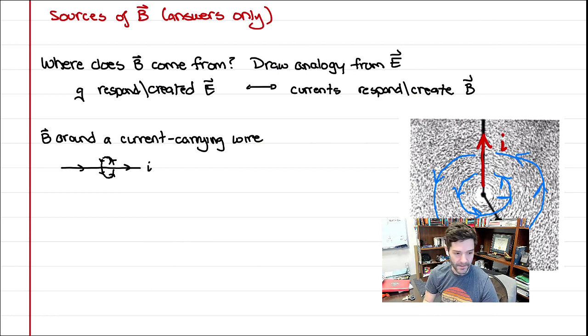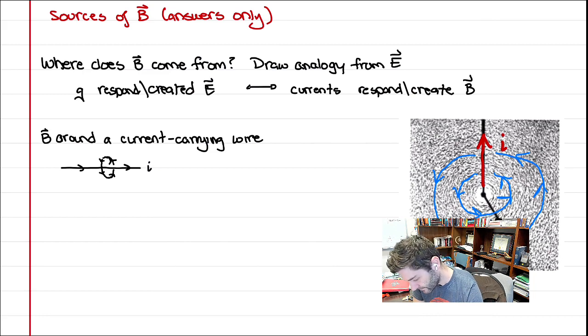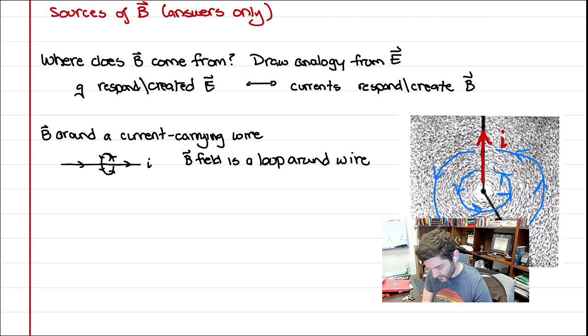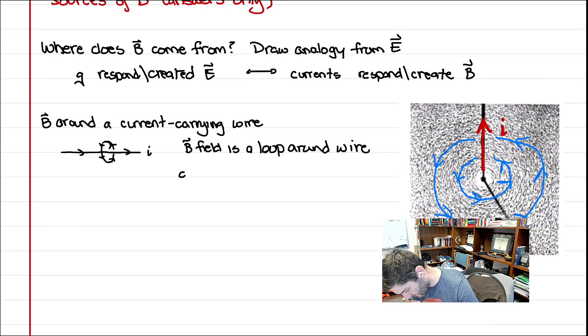So what we notice is that the B field is a loop around the wire. The direction of B is given by the right-hand rule.